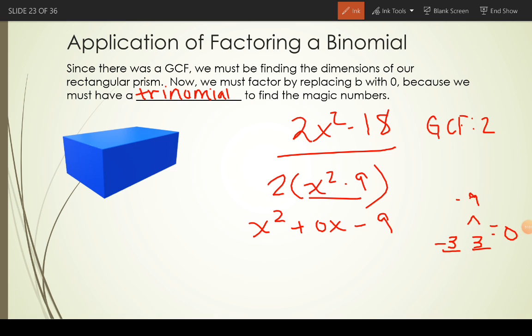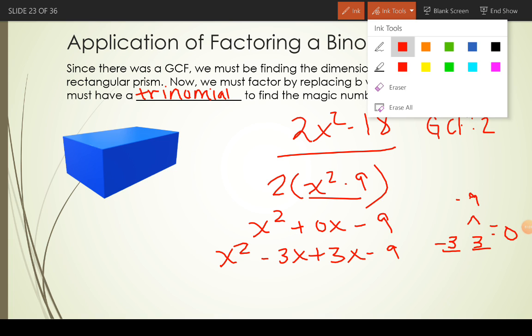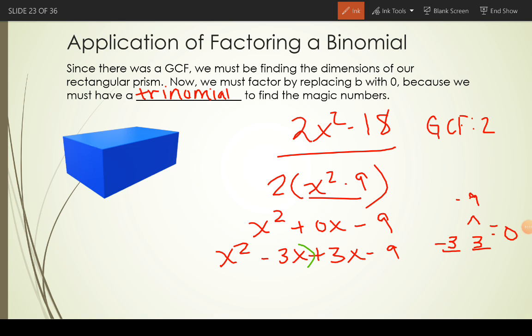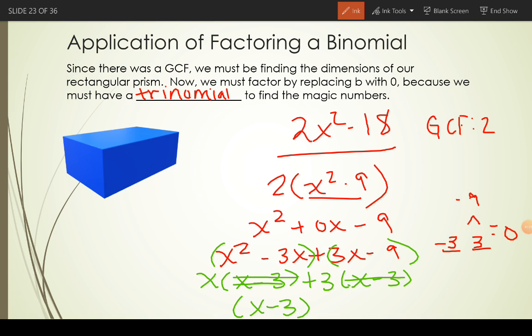So we can replace our 0x with a negative 3x, positive 3x, minus 9. If we factor by grouping, we'll be able to take out an x from the first 2 terms, and we can take out a 3 from the second 2 terms. So our factors are x minus 3 and x plus 3.